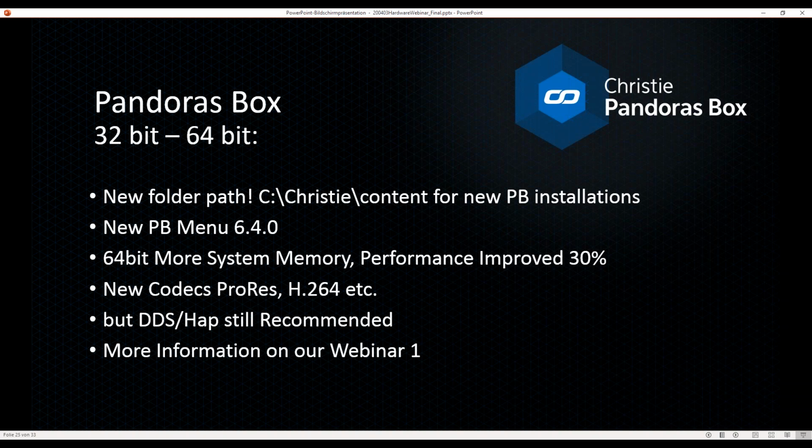The key thing for the hardware is, if you buy new hardware, the 64-bit version will create a new folder path, which you see as Christie content. So far on your old machines, it was always C Kulux content. But if you have an old machine and you put the 64-bit version on it, it will still run on C Kulux content. So it will work with both folder paths. But if you buy new hardware, you will get a new folder path.